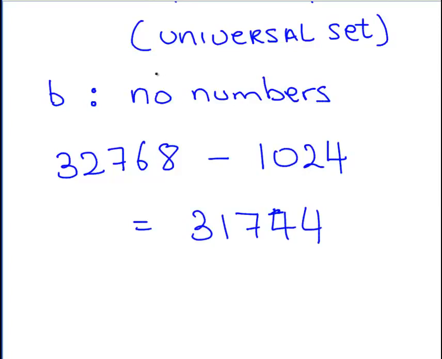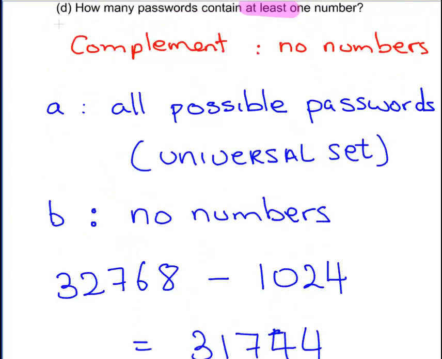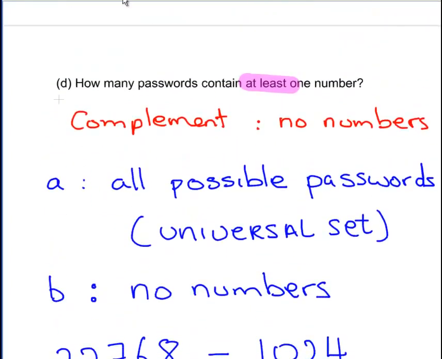That is the answer to that one. That is a very quick way of doing it. If you were trying to do it any other way, it would take forever. Particularly when you get into probability, when I see something like "at least one," the direct approach would take a long time. This is where complement sets or complement probabilities come in very useful. It's a skill you build up.